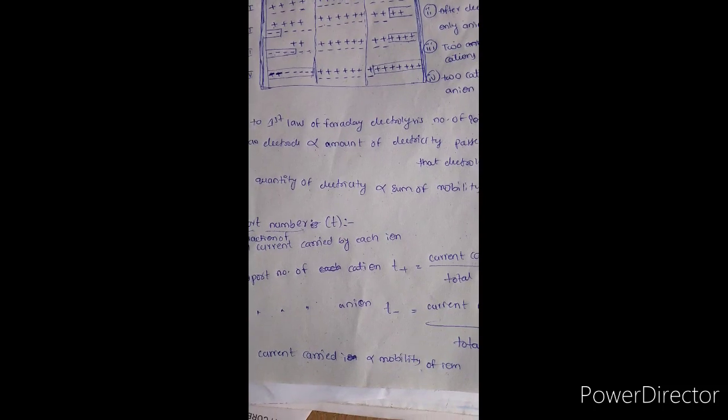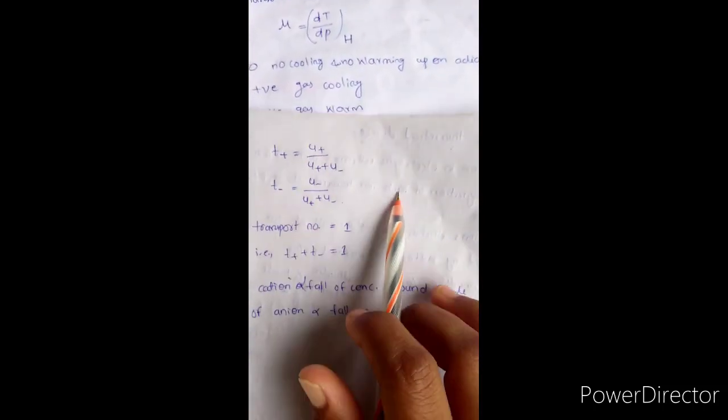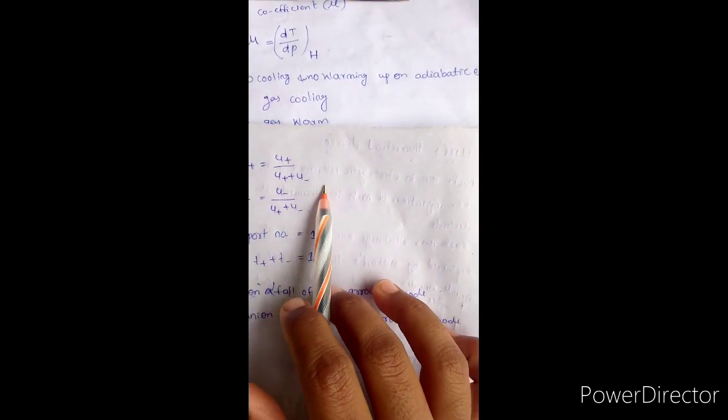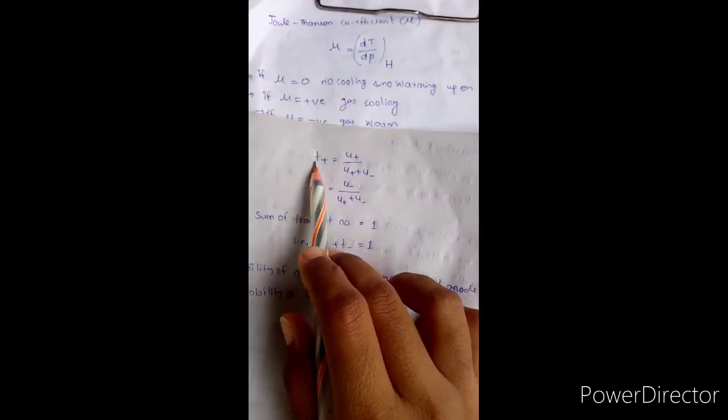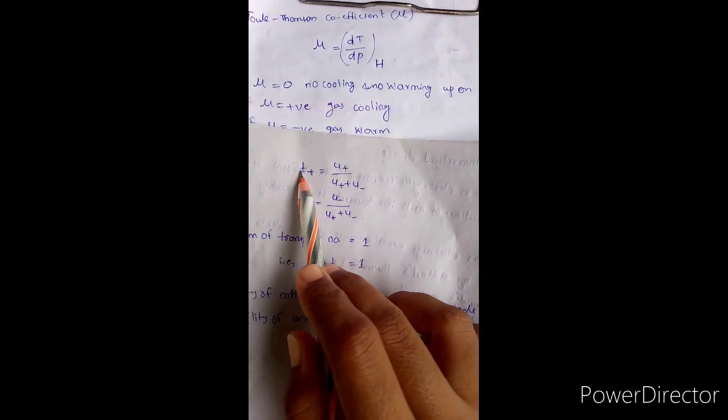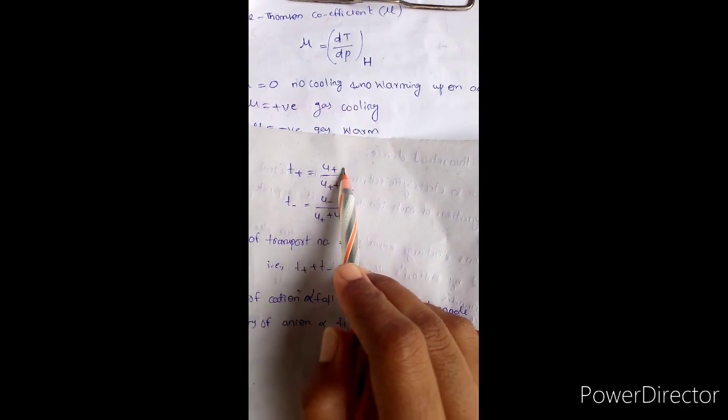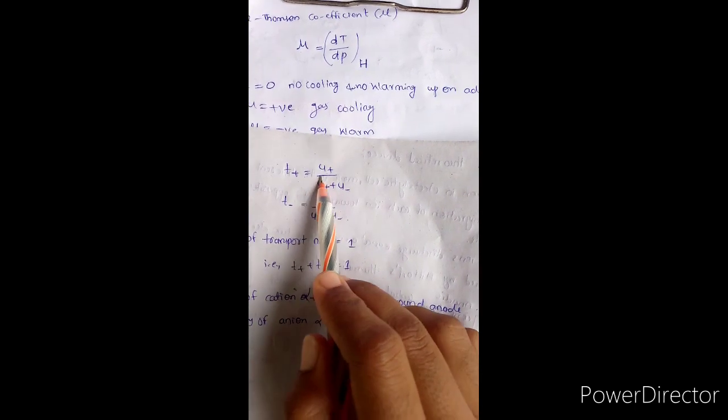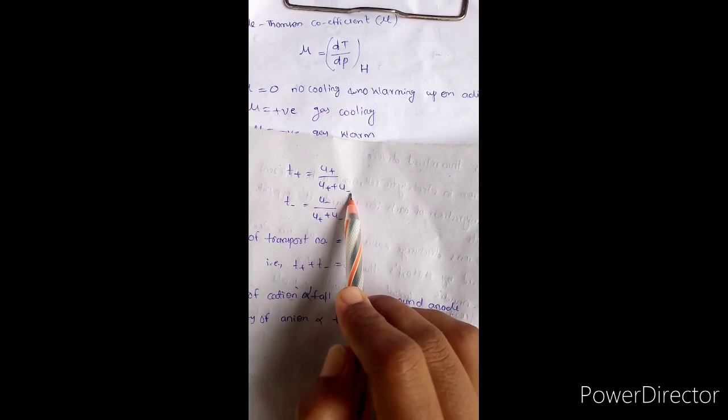But the current carried is directly proportional to the mobility of ions. The current carried by each ion depends on its mobility. Therefore, for the cation, transport number is equal to the mobility of the cation divided by the total mobility of cation plus anion.